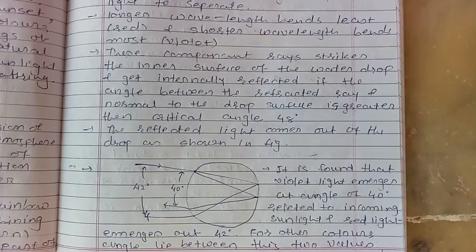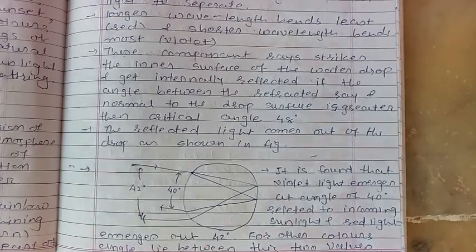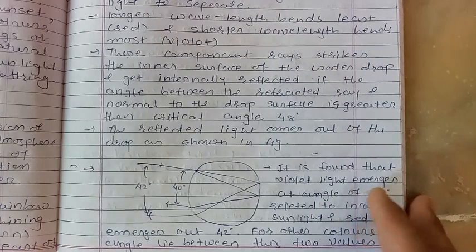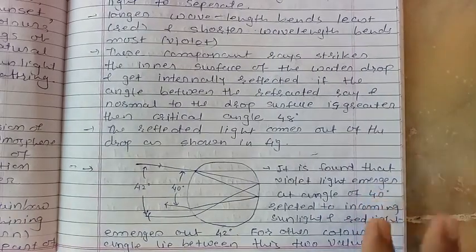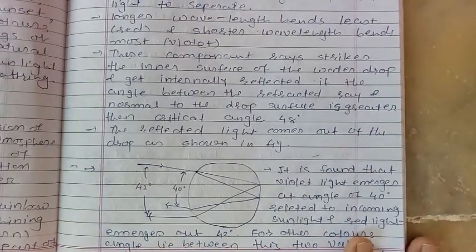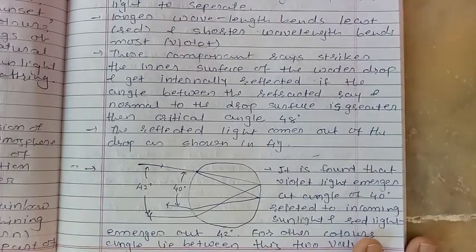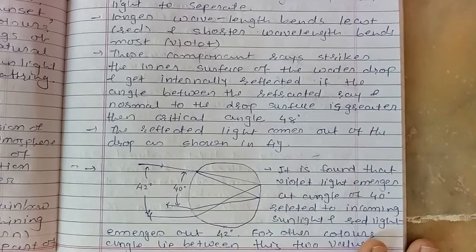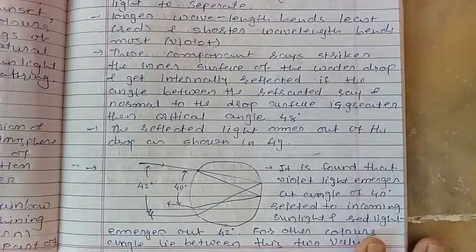So the process of formation of a rainbow is, first of all, sunlight enters the raindrop, so refraction takes place. After that, the sunlight separates into several colors. We know the longer wavelength bends the least, say red, and the shorter wavelength bends the most, say violet.